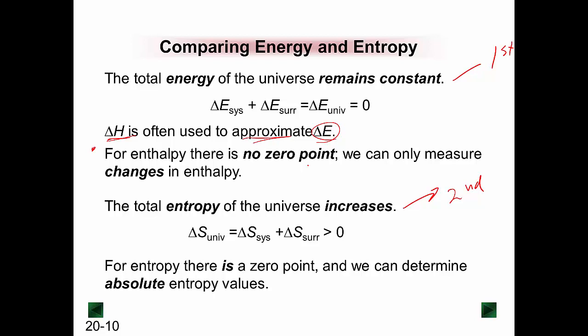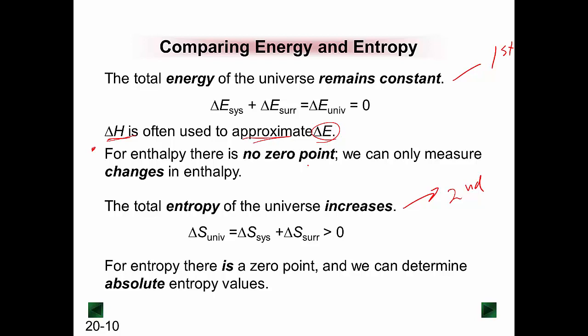There will not be a zero enthalpy, because energy is neither created nor destroyed, so you can't destroy it and go all the way to zero. So you have no zero enthalpy. Now you could have a zero change in enthalpy, but you cannot have a zero enthalpy.